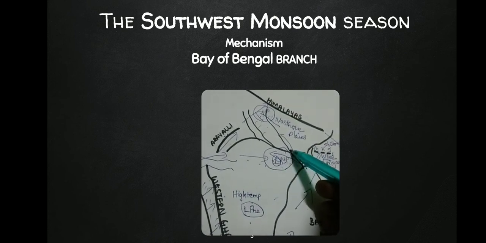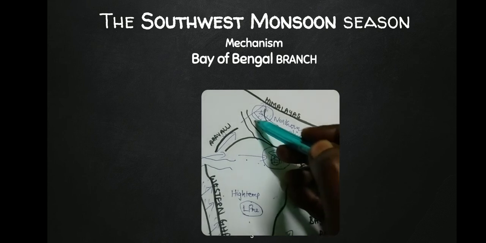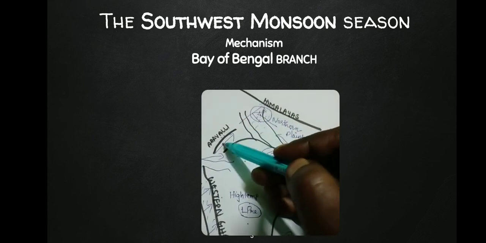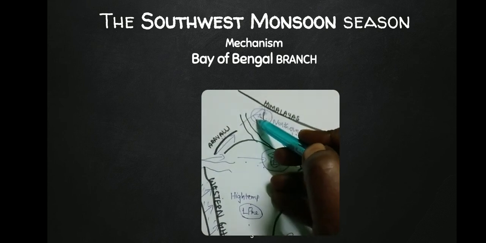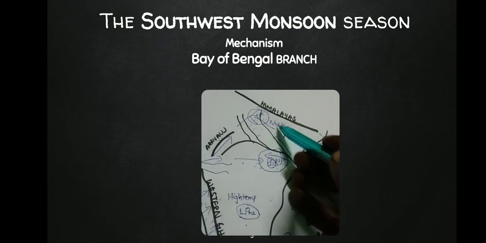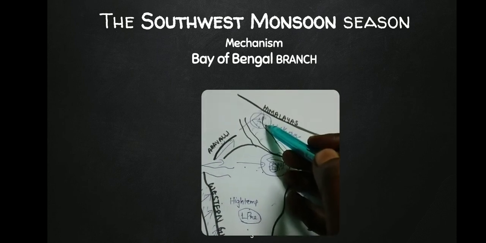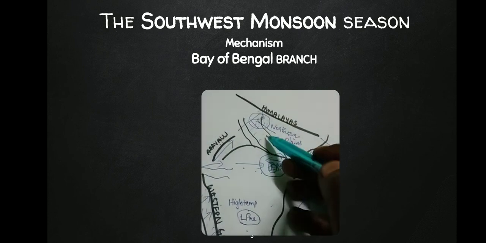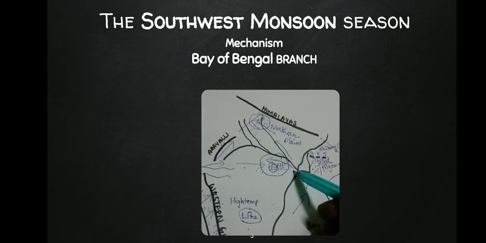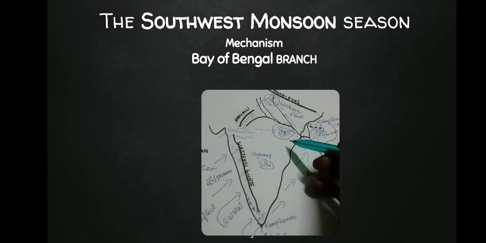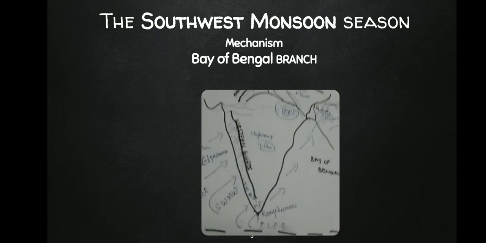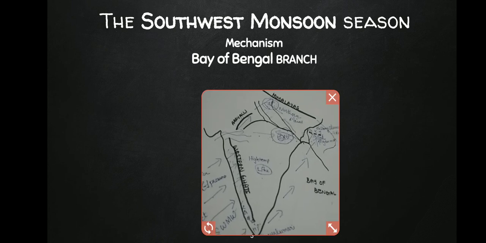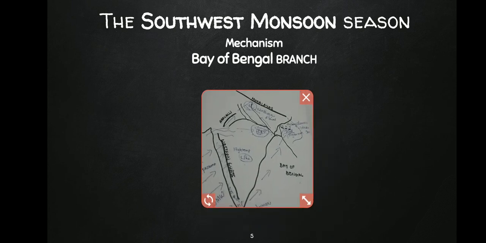The other branch also blows over the northern plains to meet the Arabian Sea branch, but before they reach it, most of its moisture is shed. So this is the Bay of Bengal branch. Let us discuss it in the slide with the key points too.